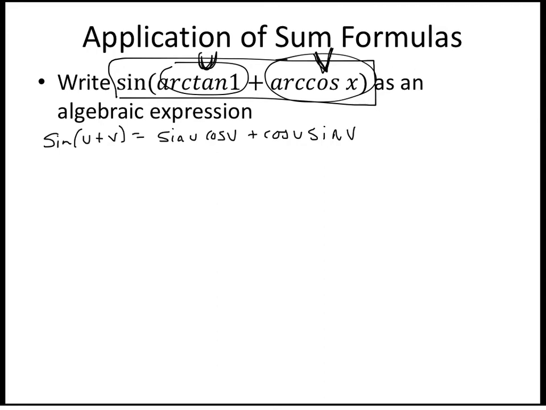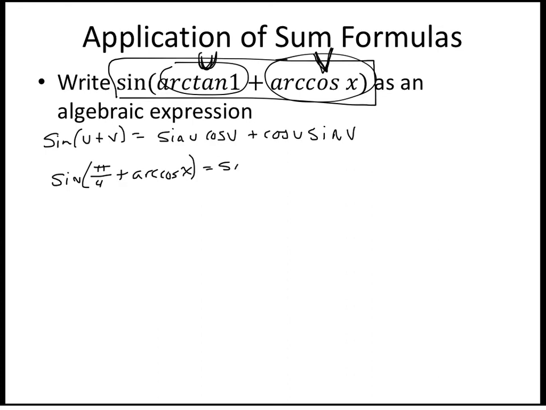So this will be equal to sine of pi over 4, because the arctangent of 1 is pi over 4, plus arc cosine of x. Okay, so that's rewriting it.